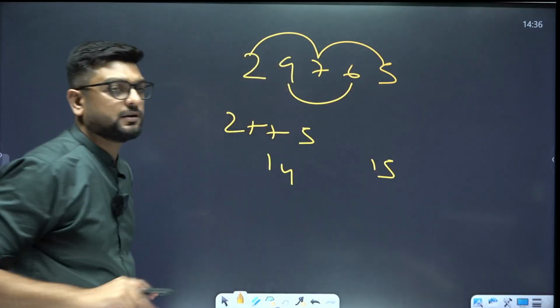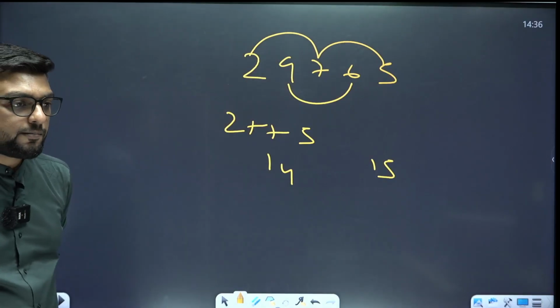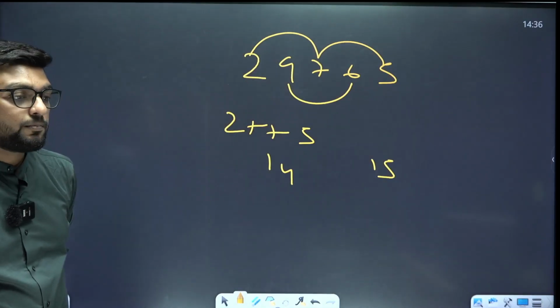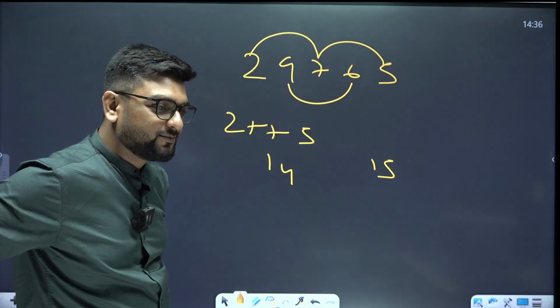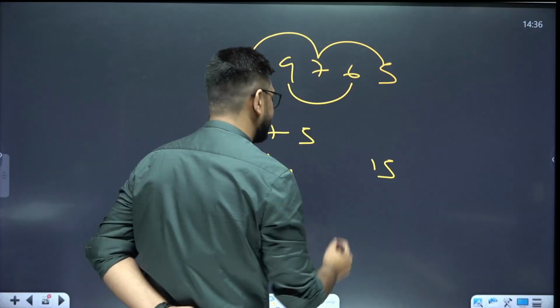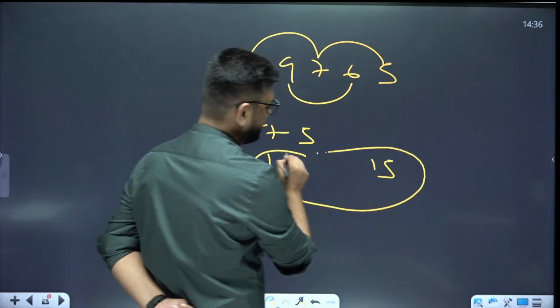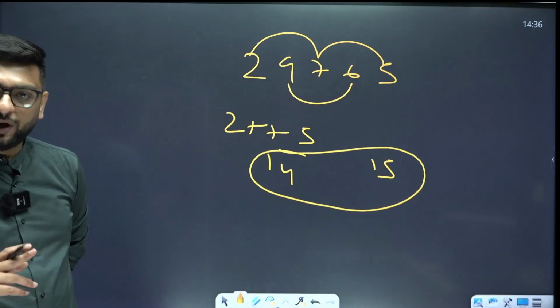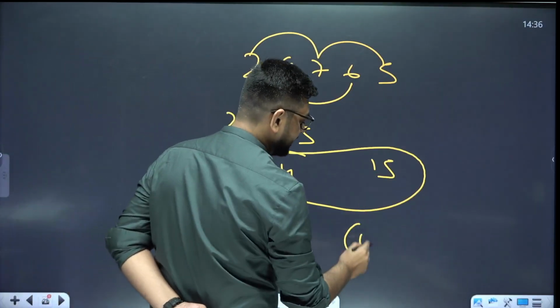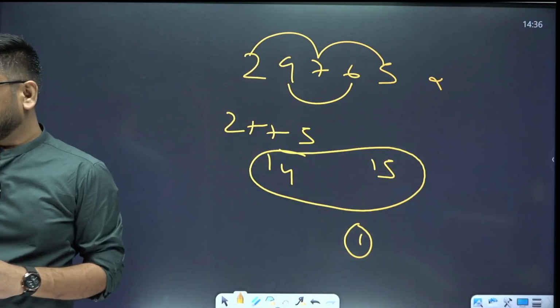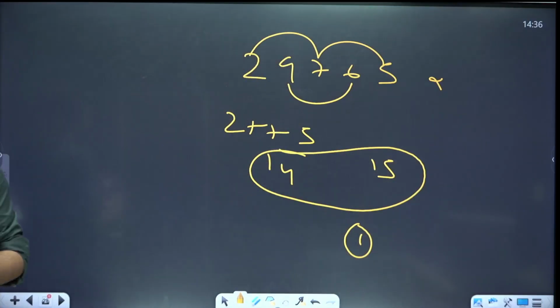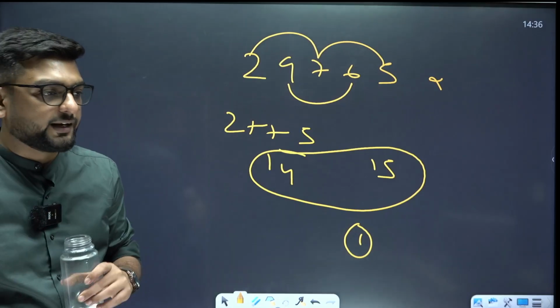How is it divisible? I made a mistake, okay? The difference between 14 and 15 is 1 and it is not divisible by 11. ठीक है? Clear? All right. यहाँ तक किसी को डाउट है? Anyone having any doubt related to this?